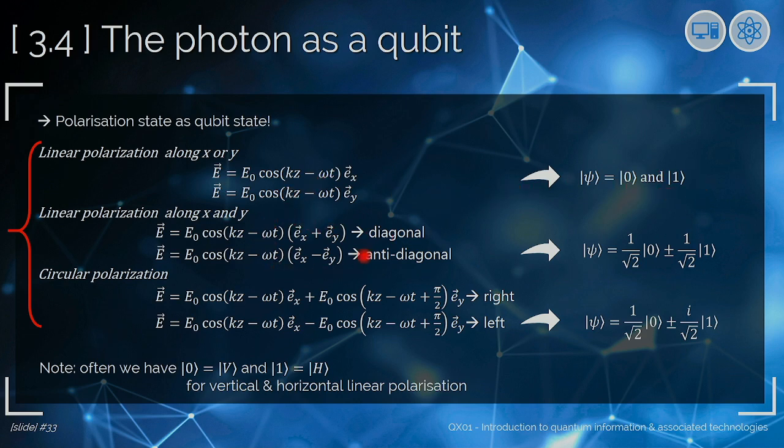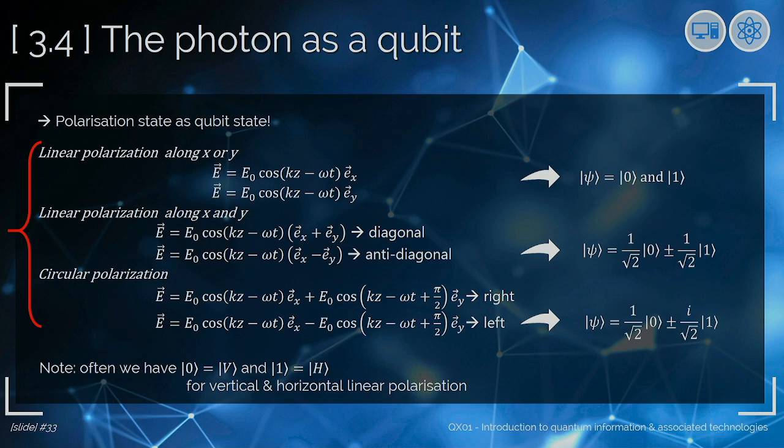Then if I transpose the diagonal, anti-diagonal, I've got 1 over square root of 2 (0 plus 1), or anti-diagonal would be (0 minus 1), with the 1 over square root of 2. In circular polarization, I have this phase, but then this phase term, in complex notation, would simply be the addition of an i, or i over 2, or minus i, and so on.